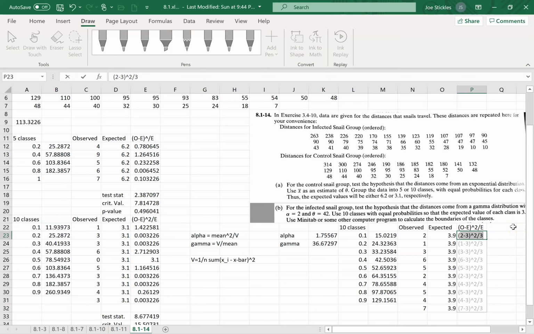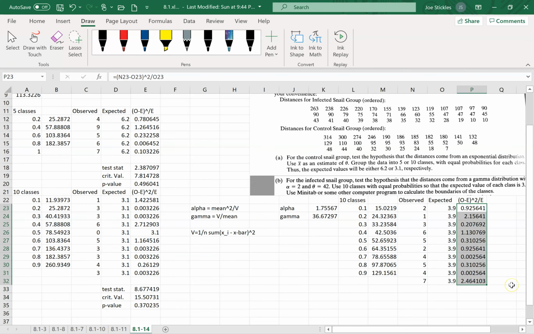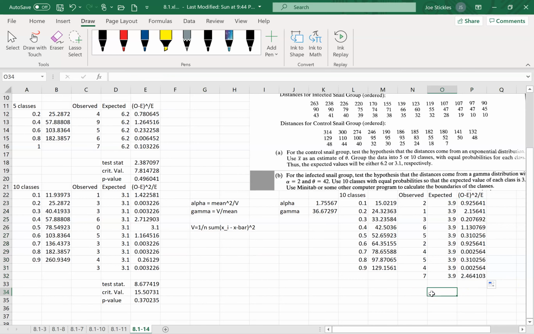I have no idea why that did that. It's probably because I didn't hit the equal sign. Equals that minus that, squared, over that. And now pull to copy it all the way down. The test stat is the sum of those values.